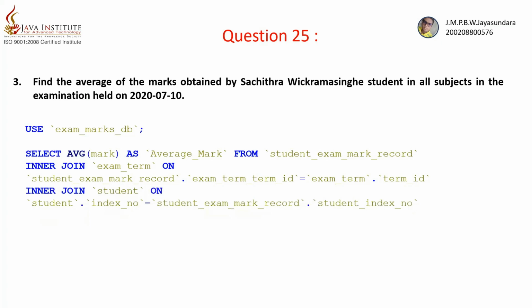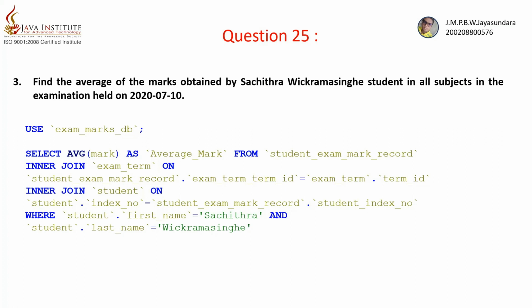Then we have joined student table in order to get the student details, using student table's index number column and student exam mark record table's student index number column. After that, we have inserted the condition as student table's first name column value must be equal to Sachitra and student table's last name value must be equal to Vikramasinghe. Then exam term table's term date must be equal to this date.